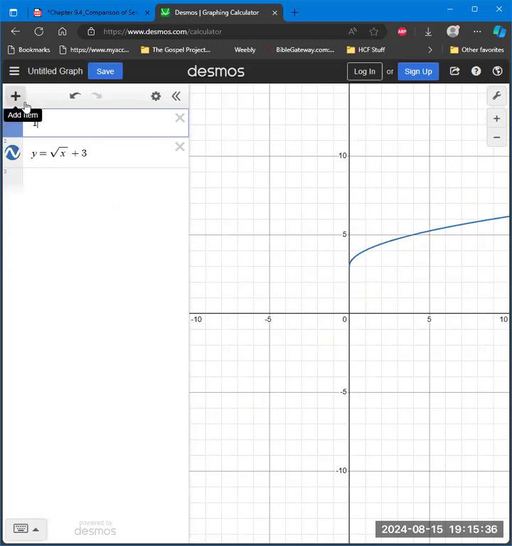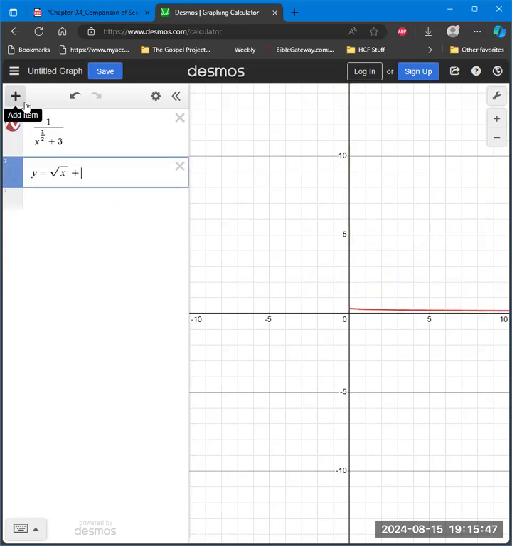1 over x to the 1/2 plus 3 and 1 over 4 x to the 1/2 power.